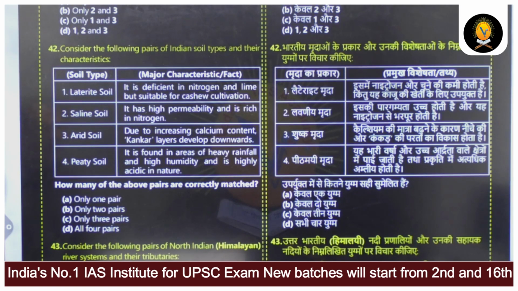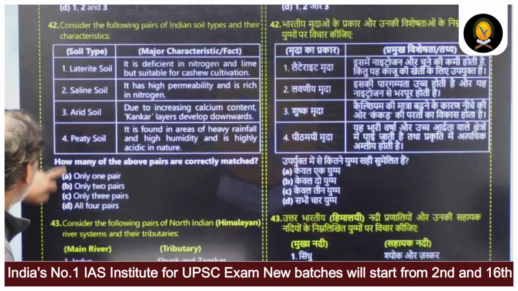Peaty soil is found in areas of heavy rainfall and high humidity and is highly acidic in nature. Correct. So only 3 pairs are correct.